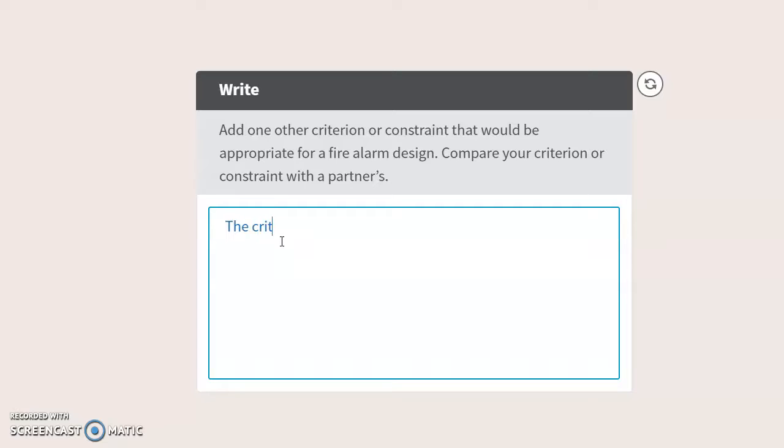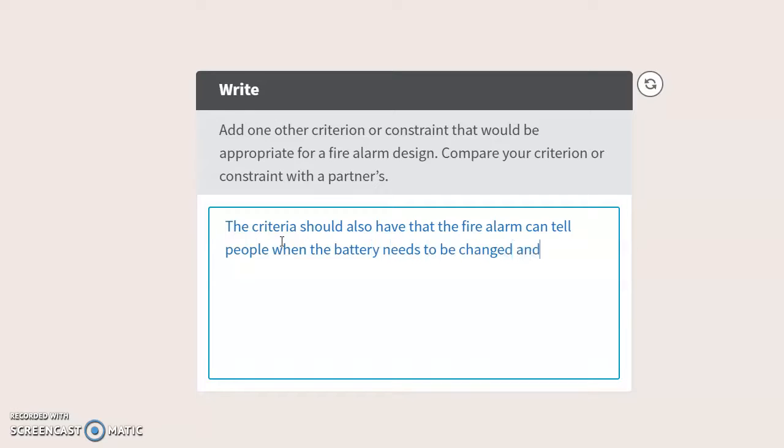The criteria should also have that the fire alarm can tell people when the battery needs to be changed and be changed easily.